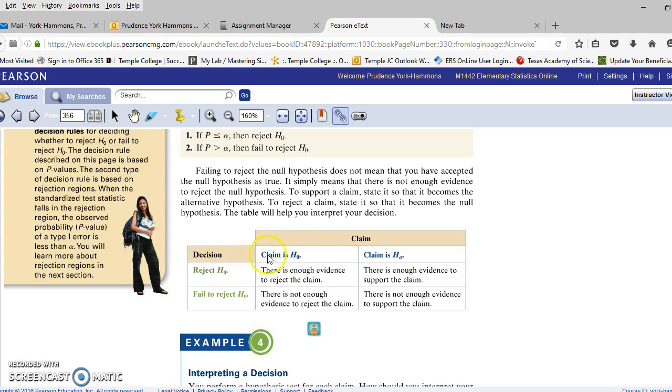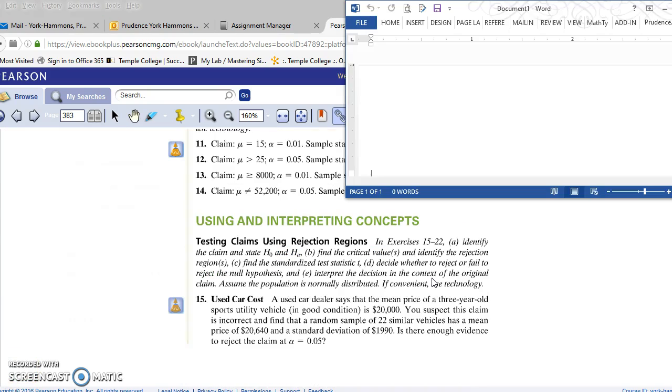In our case, the claim was H sub O, and we failed to reject H sub O. So as a result, there is not enough evidence to reject the claim. That's your decision. So if you're having trouble deciding how to word these particular decision rules can help you in your wording. And that's on page 356 of your e-text.